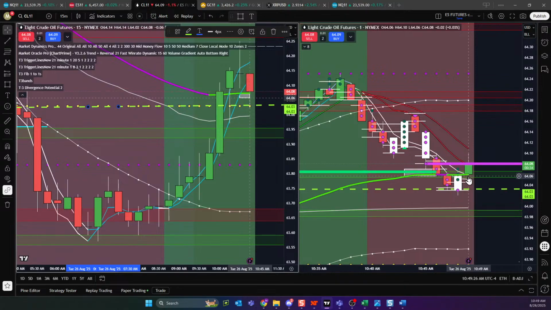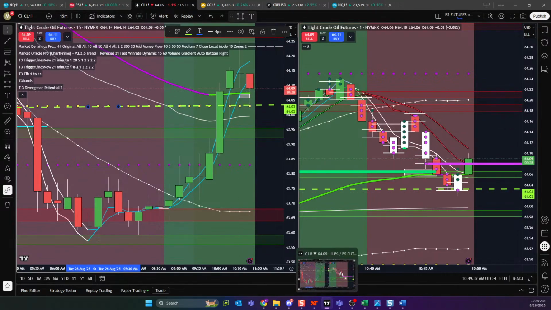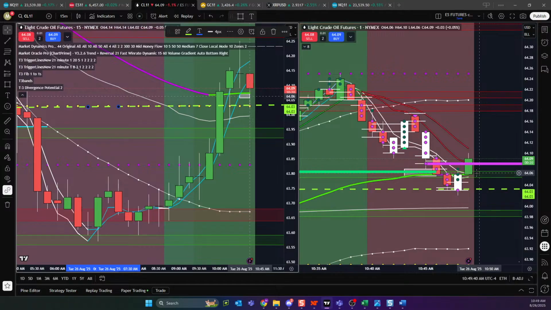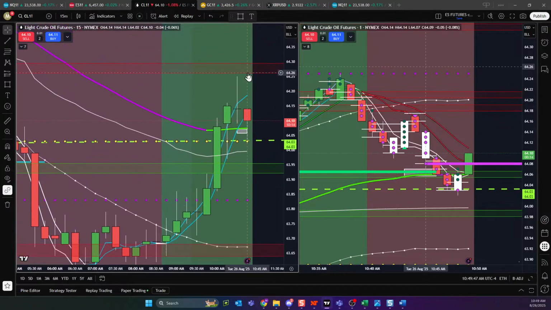Guys, if we get a close above these triggers, do we have room to trouble? We've got 30 seconds to think about that entry. We've got 22 seconds to make sure that the triggers are up, and that there is room to trouble. 13 seconds to wait for that close.